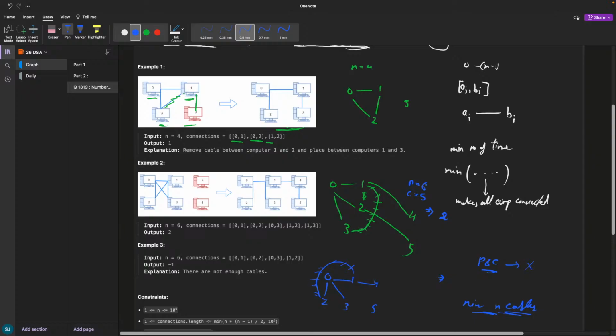I mean, that basically means n is 5 and c is 5, right? So basically number of components, in that disconnect components there was 2, so 2 here. Let's put the same theory here. N is equal to 3, right? Cable is 3 and this component is 1, so you need only 1.